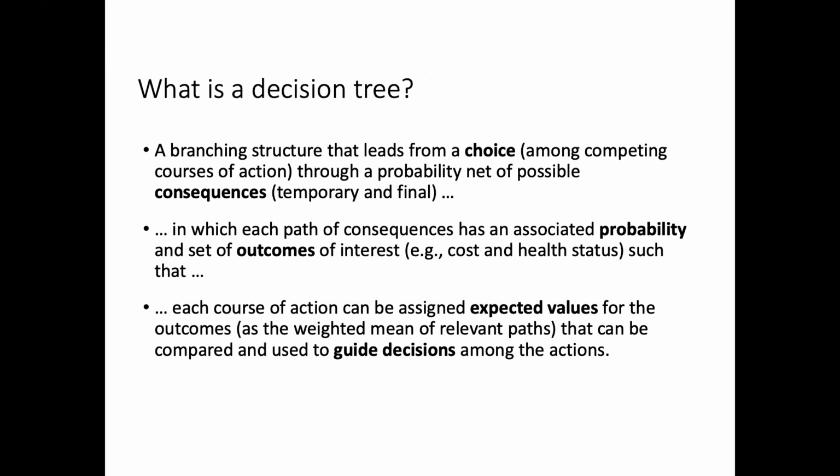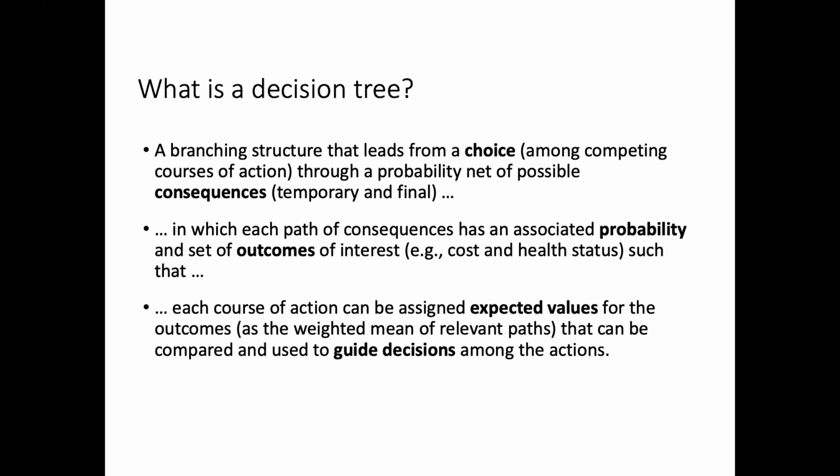It maps out the probability net of possible consequences, both transient and final outcome. So it's a map from the choices that you can make through the consequences, typically clinical consequences. Each path of consequences has an associated probability and a set of outcomes.